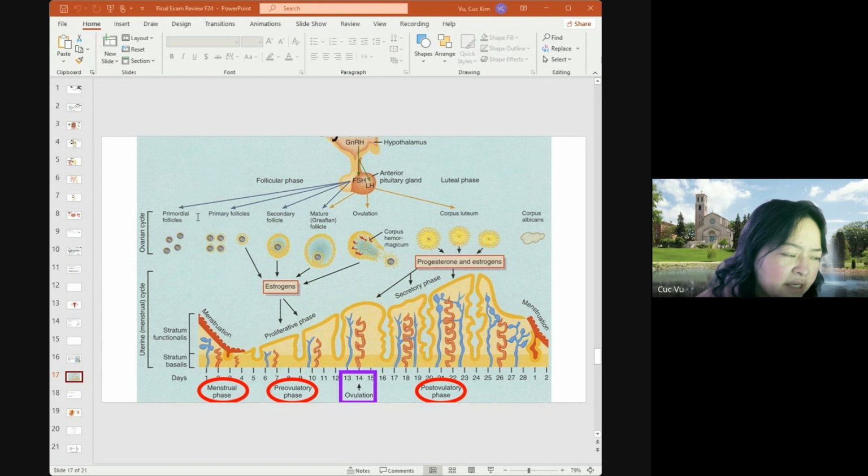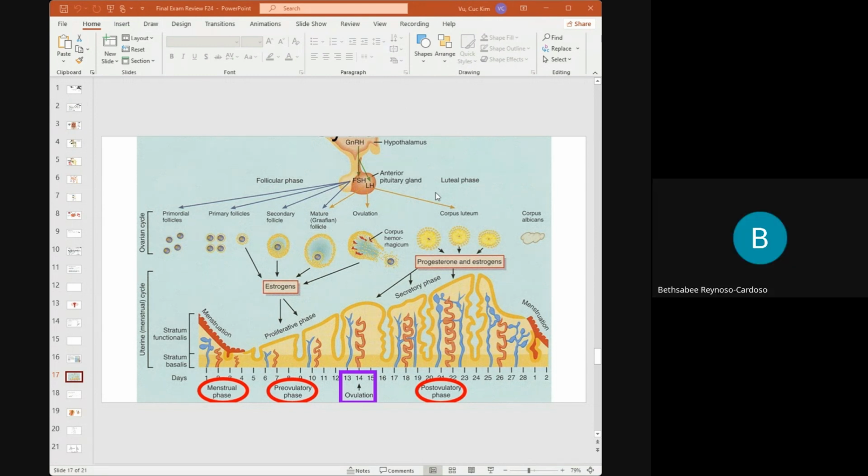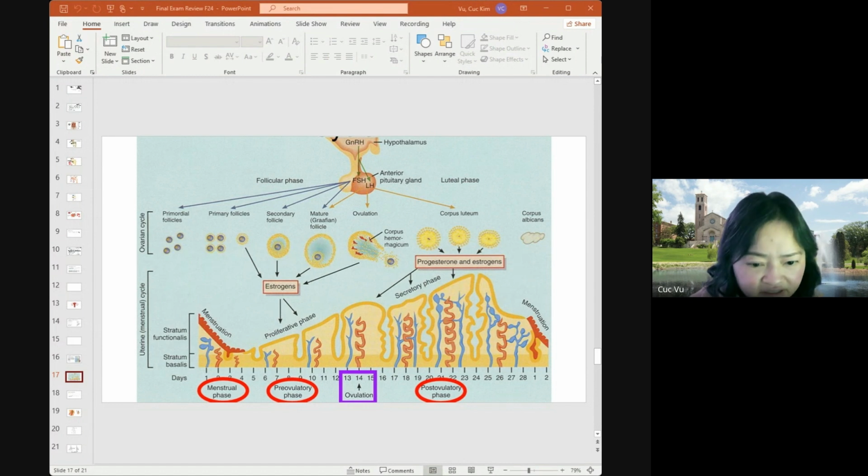Are you able to see my browser? It says welcome to General Anatomy and Physiology. No. Okay, let me fix that.